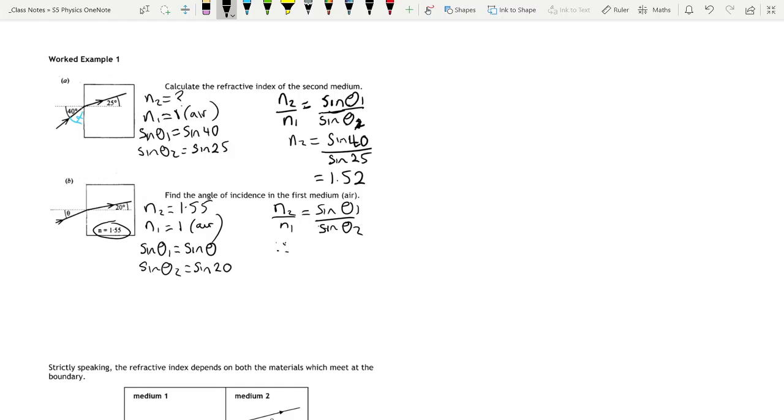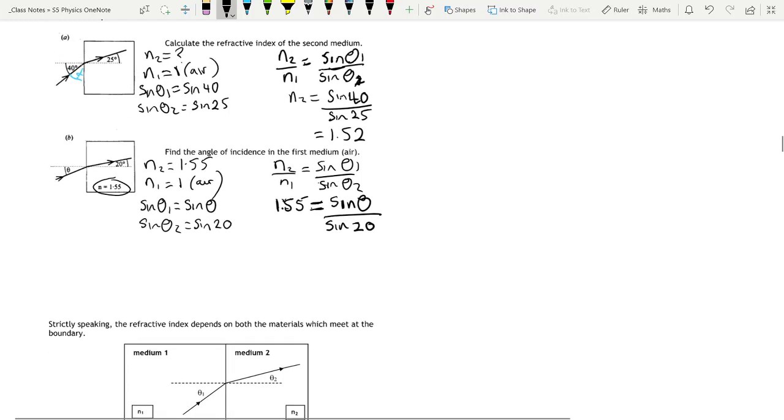So 1.55 divided by 1, which is just 1.55, equals sine theta 1, which is what we want to find, divided by sine of 20. So sine theta 1 would be 1.55 times sine 20.